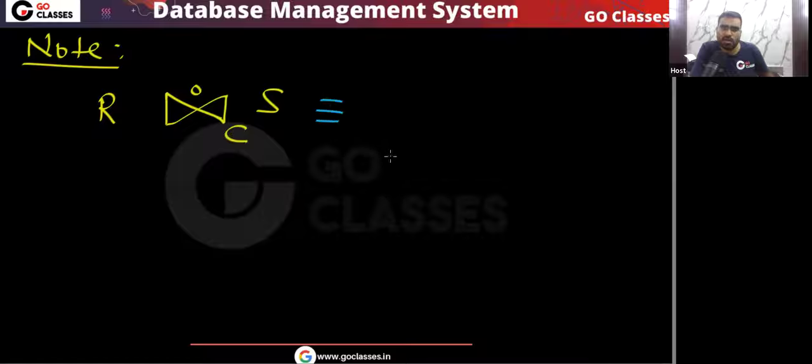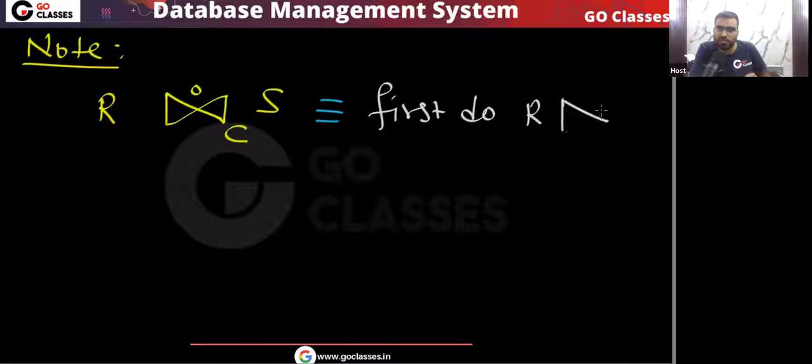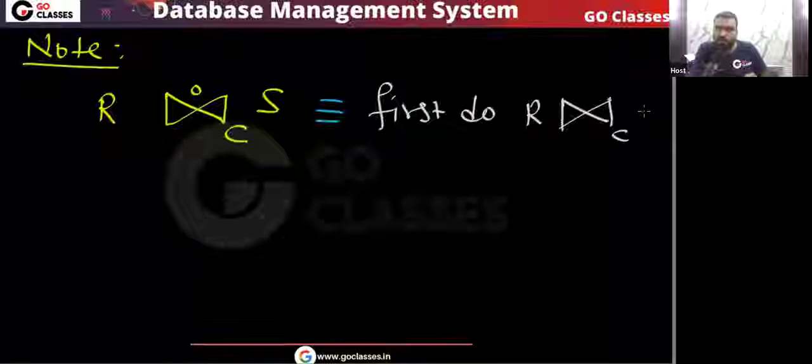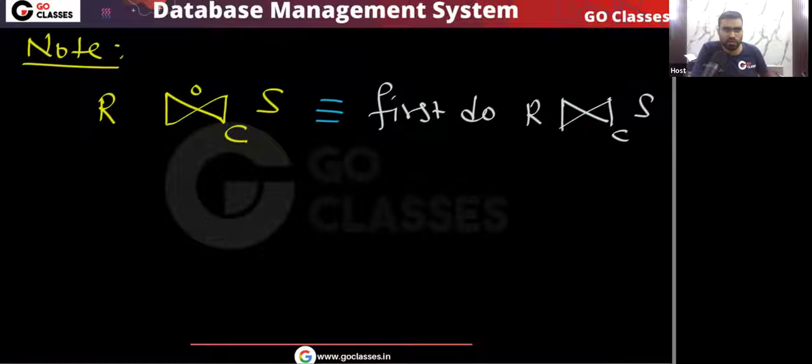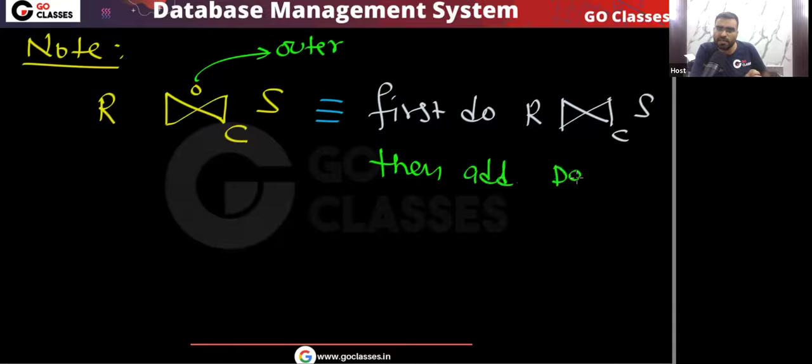This is a conditional join. Yes or no? It simply means first do the conditional join, and then because O means outer, add dangling tuples. Yes or no?